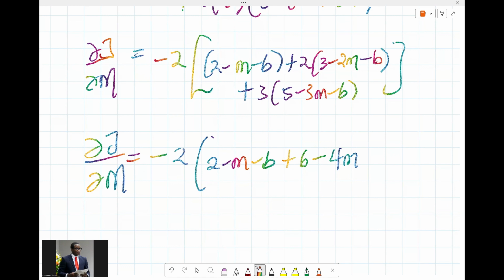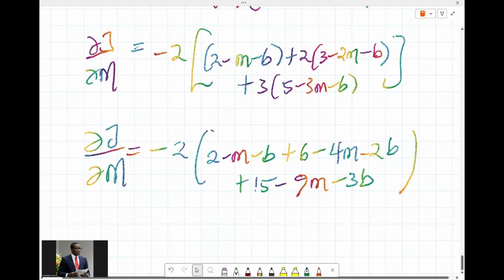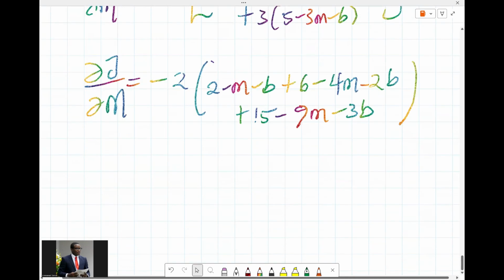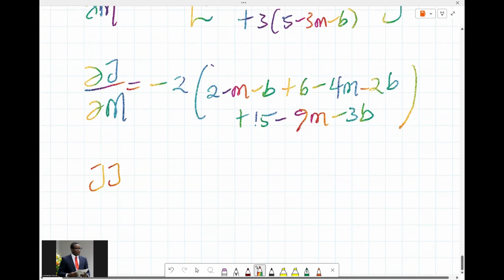So 6 minus 4m minus 2b, right? Then plus 15 minus 9m minus 3b, like this. Yeah, 15 minus 9m minus 3b. Yeah, that goes. So some tidying up.